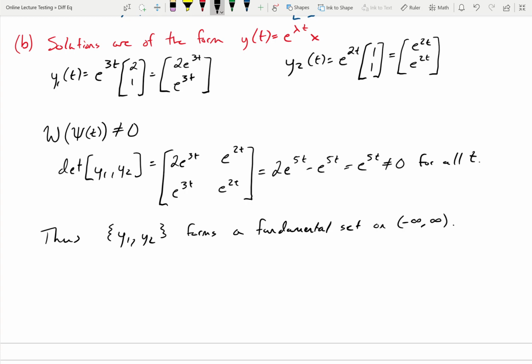All right. So let's go with a 3 by 3 because there's a little bit more calculations that we do and something else that's really nice that pops up with these. Now remember Abel's theorem back in chapter 3, where it said that on a particular interval, the determinant being not equal to 0 for any value of t is the same thing as for some value of t on the interval.